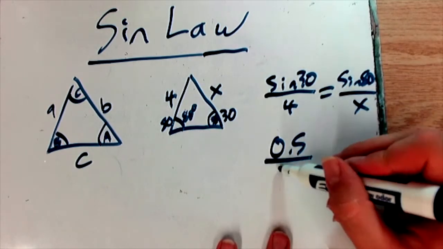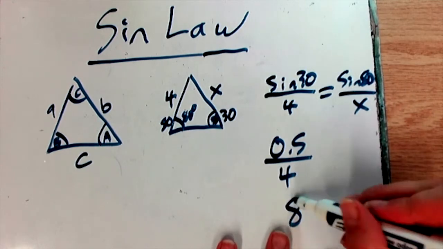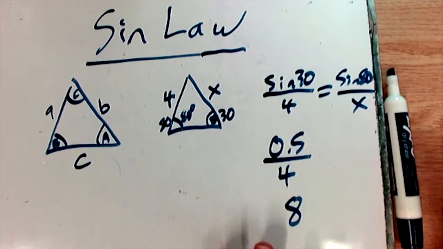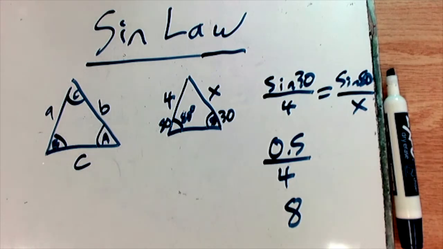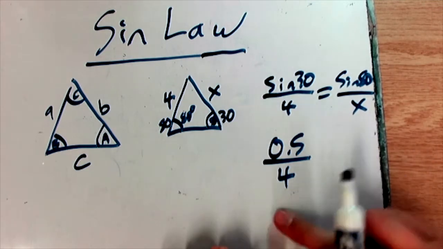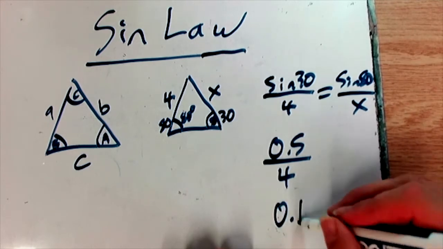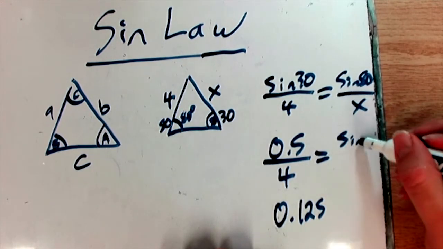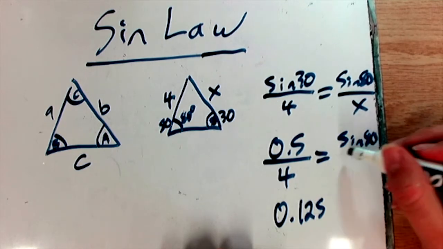So 0.5 divided by 4 equals 1.25. No, that's my bad, I did it in the wrong direction. It's 0.125. And that's still equal to sine of 80 over x.